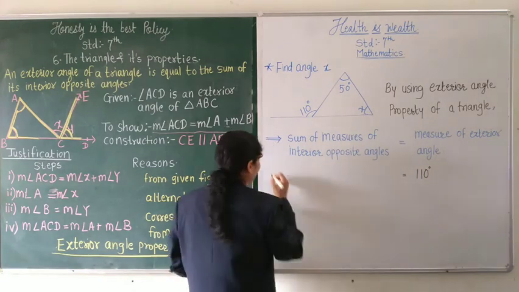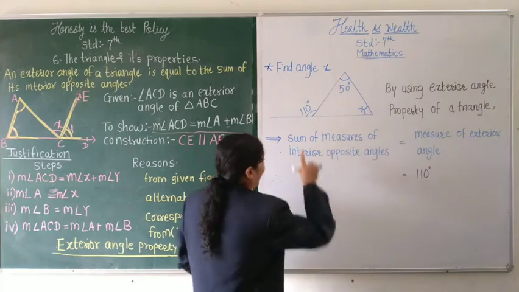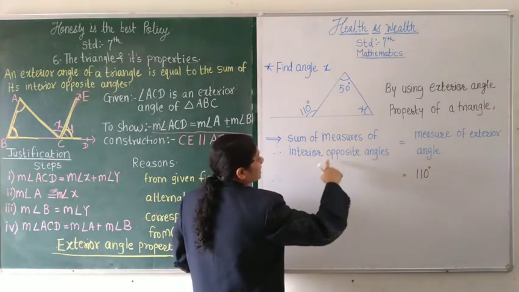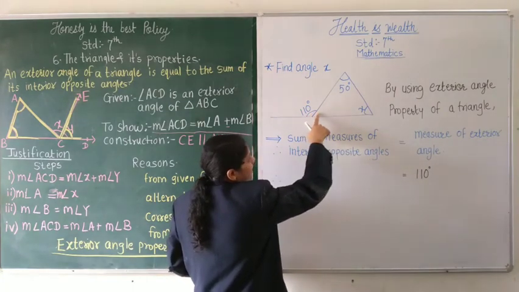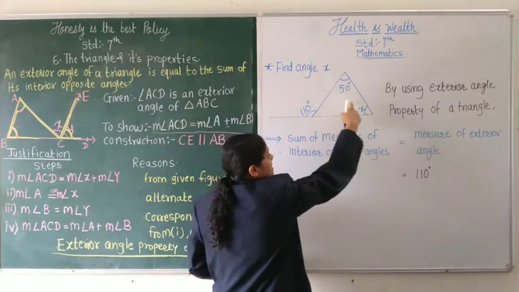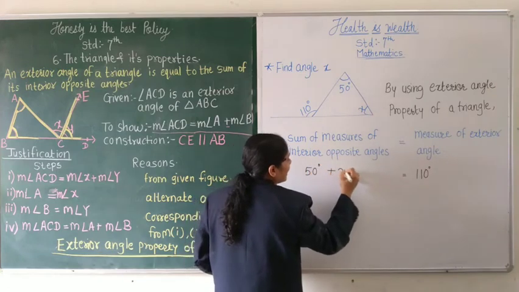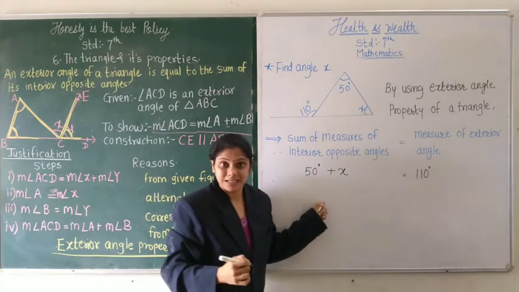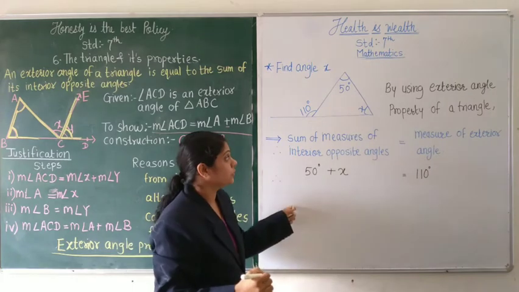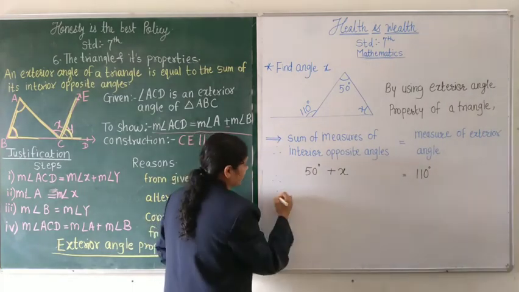But before that, we will write the therefore sign, which is very important. And the sum of the measures of interior opposite angles: this one is an interior angle, but we have to write the opposite ones, that means these two. So we will write here 50 degrees plus x. So this is the statement which we have to use to find the measurement of angle x.